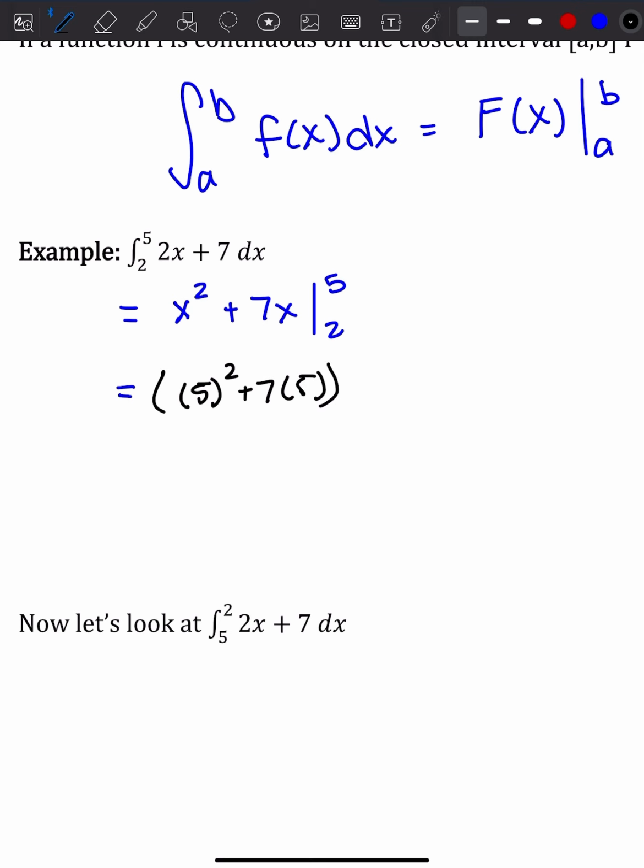And I've put it in parentheses just to make sure that I don't simplify something later. And we're going to subtract when I plug in 2 for everything. So I have 2 squared plus 7 times 2. If I simplify this, 5 squared plus 7 times 5 happens to be 60. 2 squared plus 7 times 2 happens to be 18. So I have 60 minus 18, which is going to give us 42.